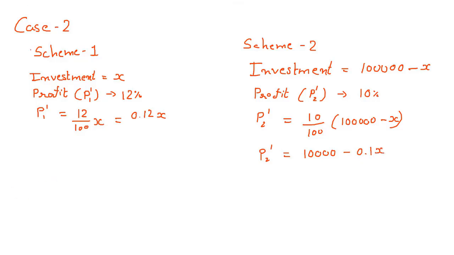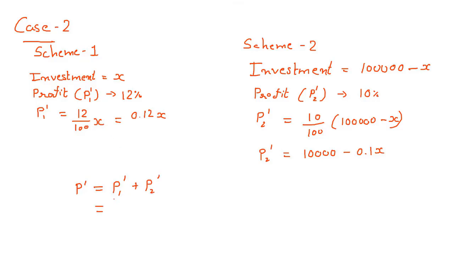So, in the second case, the total profit P dash will be equal to P1 dash plus P2 dash.